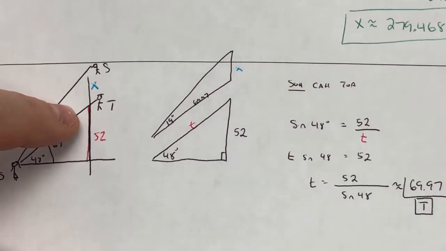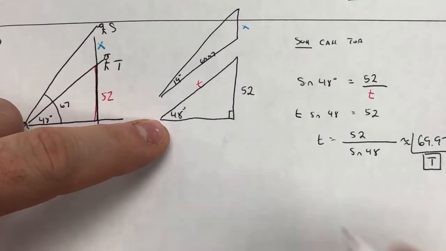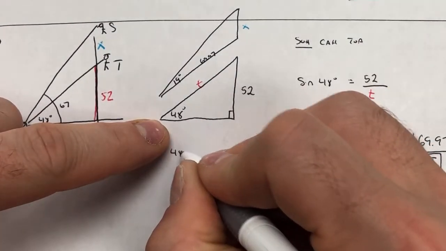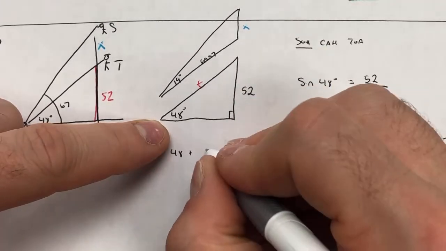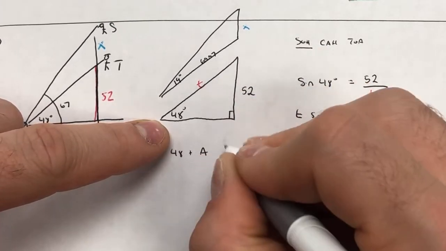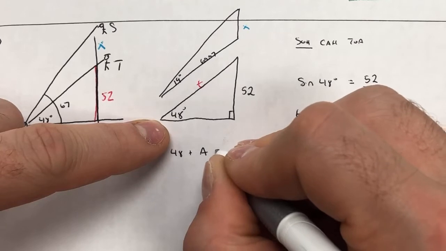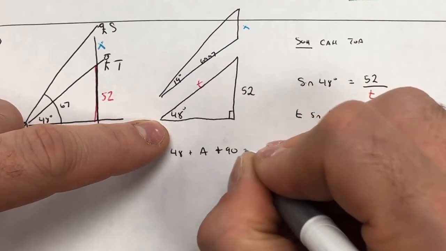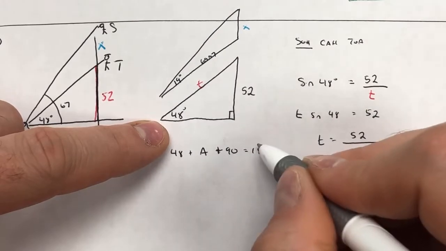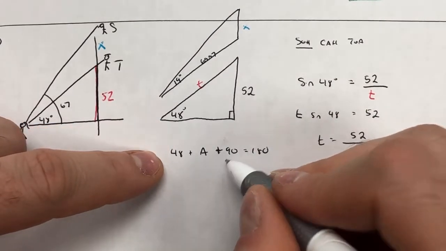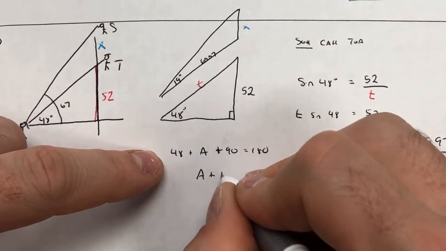So in the lower triangle, I'm going to do exactly that. I know 48 plus this angle right here, let's call this angle A, plus the 90 degrees is equal to 180 because the sum of all three angles in here is equal to 180 degrees. 48 plus 90 is 138.